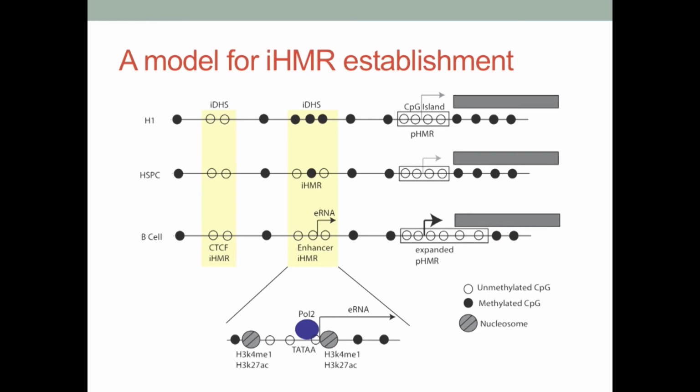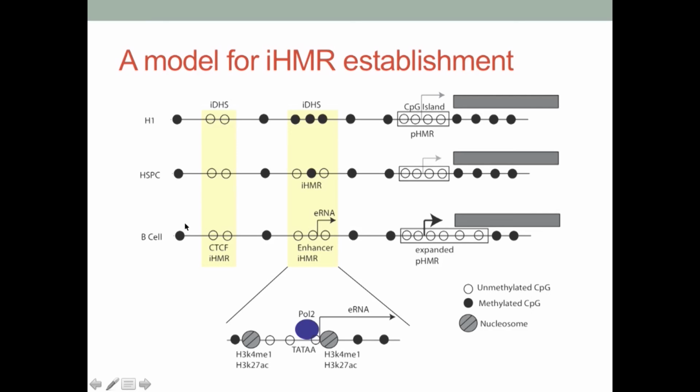So this is our working model right now for trying to put together everything I've shown you. We're looking at embryonic stem cells, then the intermediate step, the adult somatic stem cell, and then the terminally differentiated B cell.